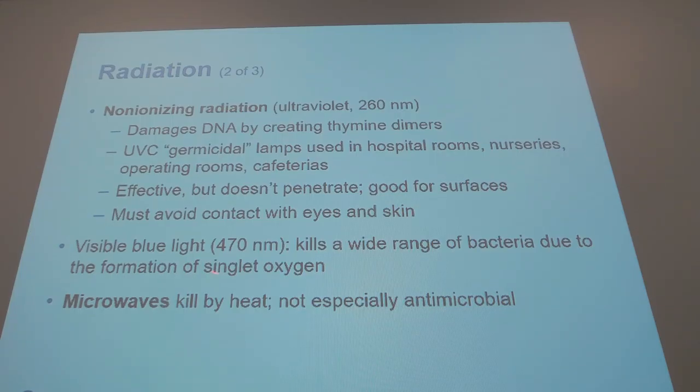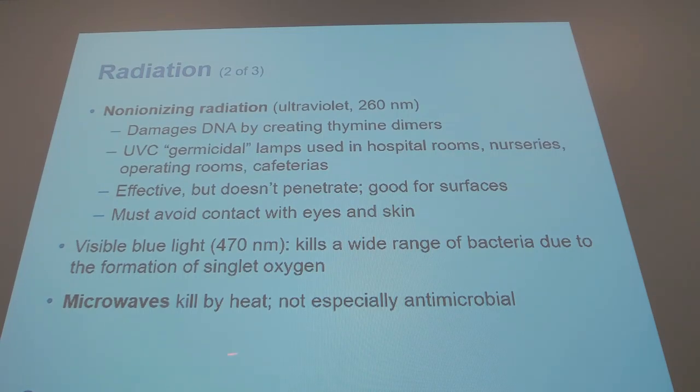And now we have blue light, which is 470 nanometers, that kills a wide range of bacteria, so it's bactericidal as well. And this is because it forms singlet oxygen, an oxygen molecule that is capable of destroying these microbes.